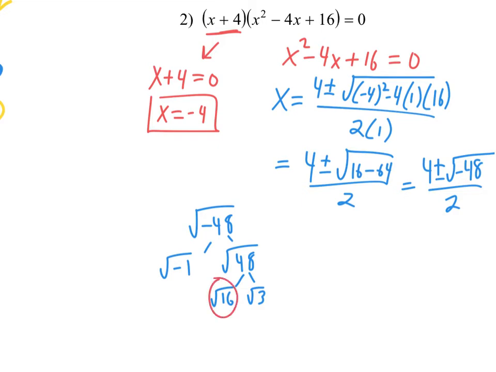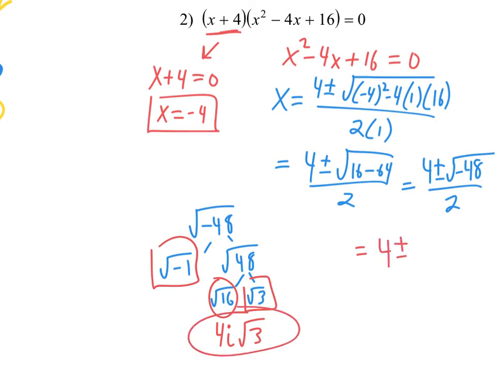So the square root of 16 is 4. The square root of negative 1 we're calling i. And then the square root of 3 here, we can't really break that down at all. So the square root of the negative 48 really just becomes the 4i square root of 3. And this whole thing is still all over 2.